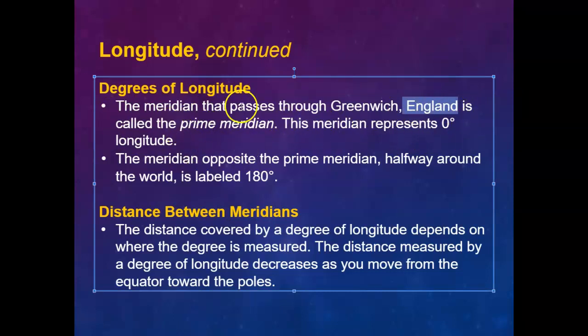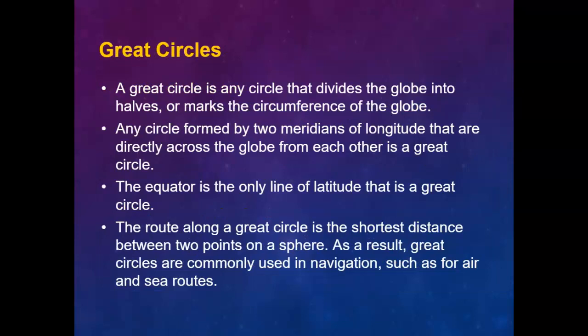To the right of the zero line is east, and to the left of the zero line is west. Once again, I'm going off of your notes right now. You should be following along with me. The 180 degree line is located in the middle of the Pacific Ocean.